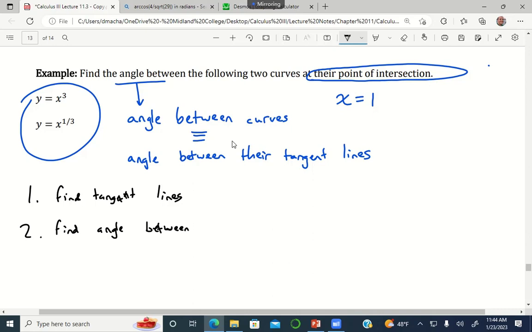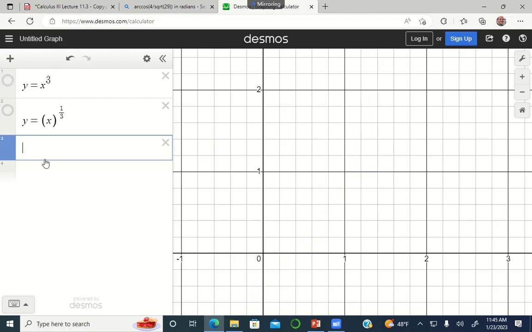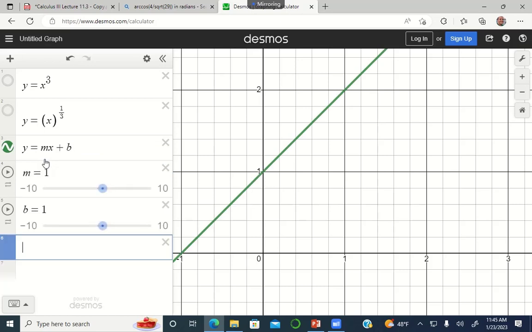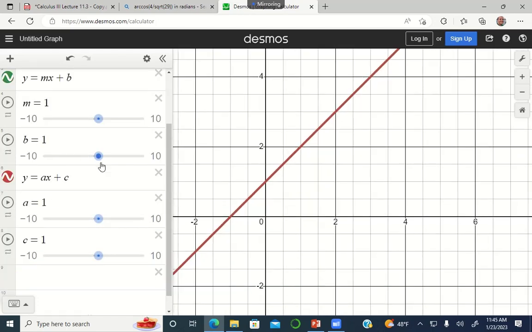But it turns out we don't actually need to know the y-intercept of the tangent lines. We only really need to know their slope. If I have two lines, y equals mx plus b, and y equals, let's call this, ax plus c, it doesn't really matter what their y-intercepts are.